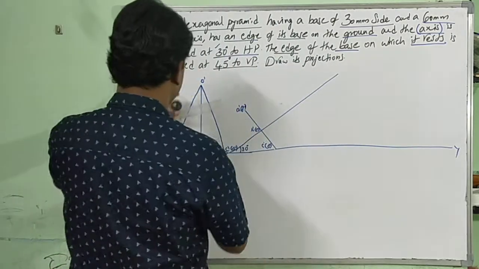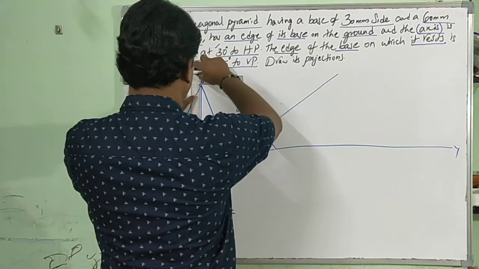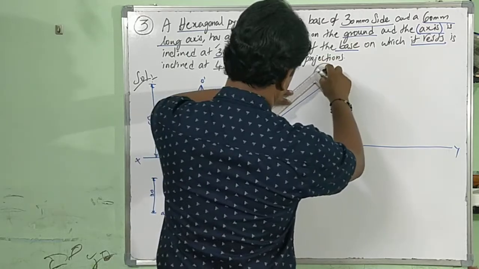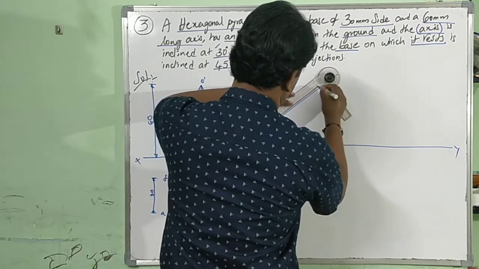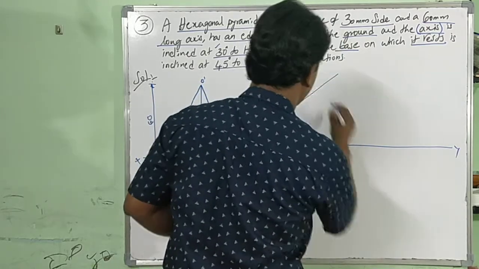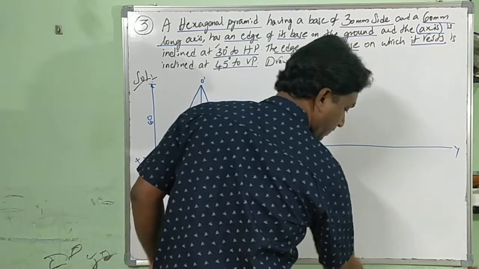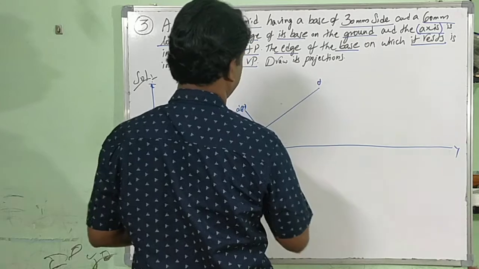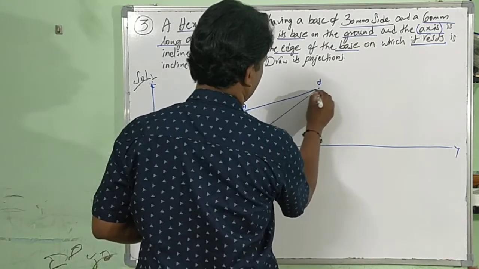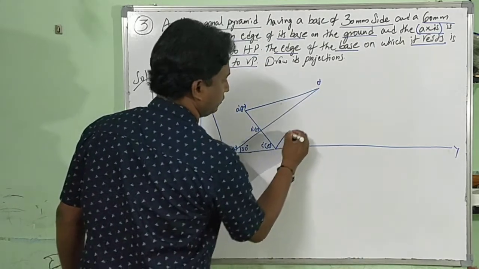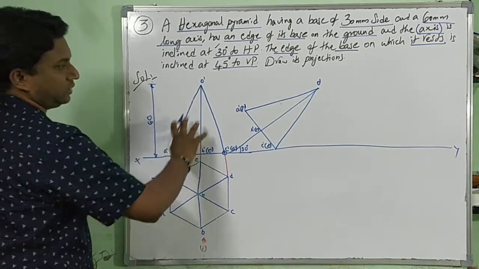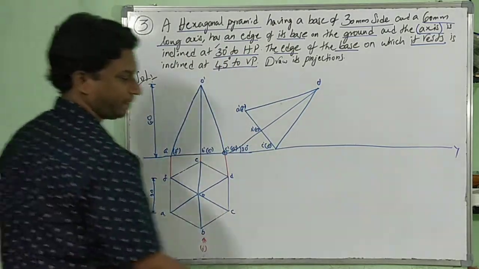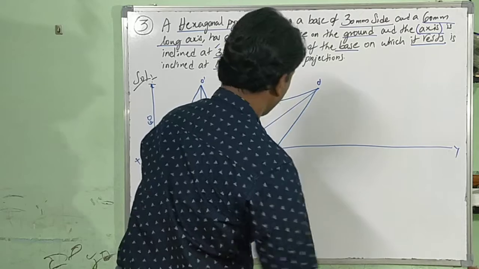This length, here comes your point O dash. I'm just redrawing this. This is redrawn, that's it, for an angle of 30 degrees.